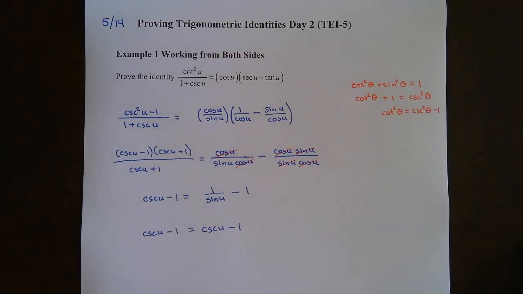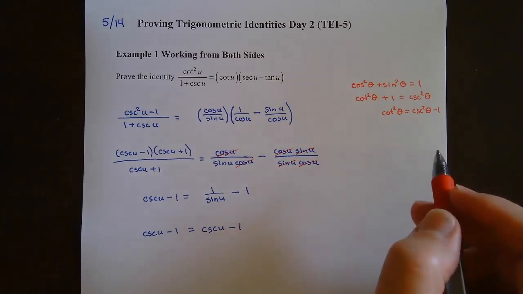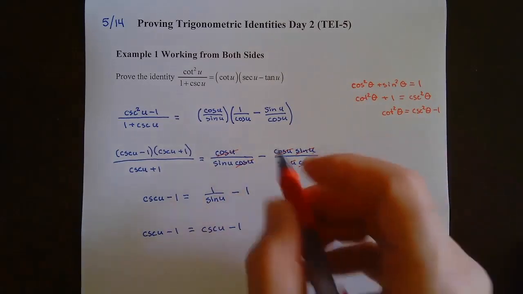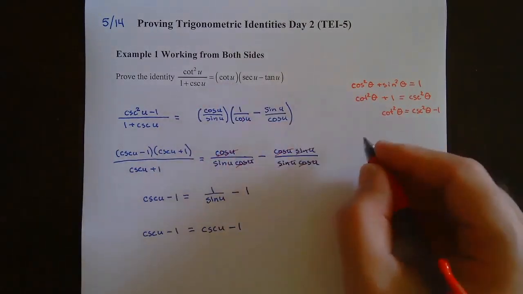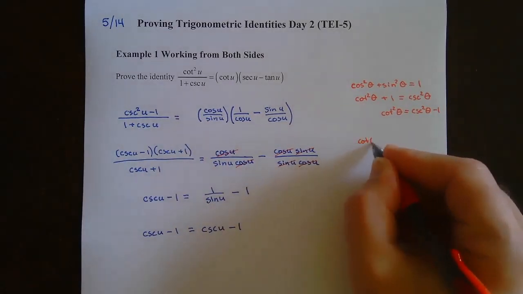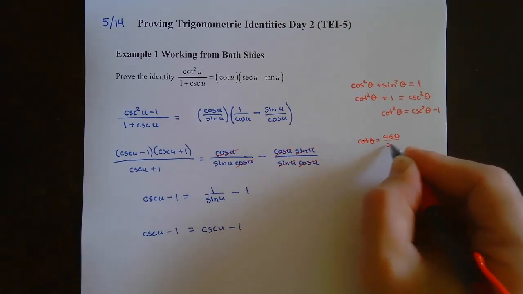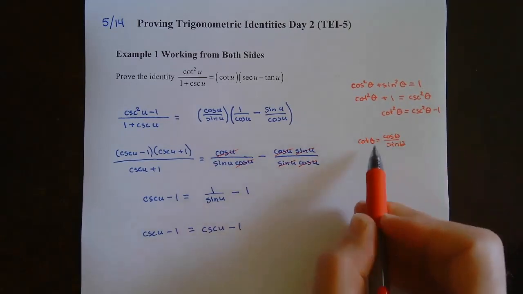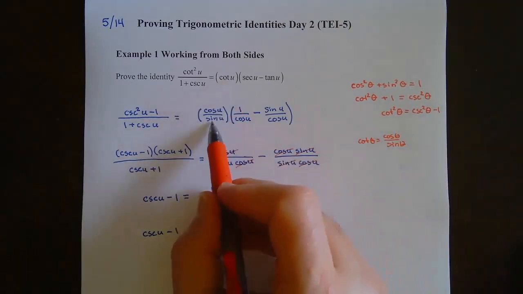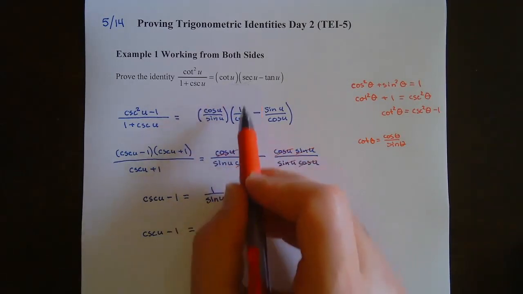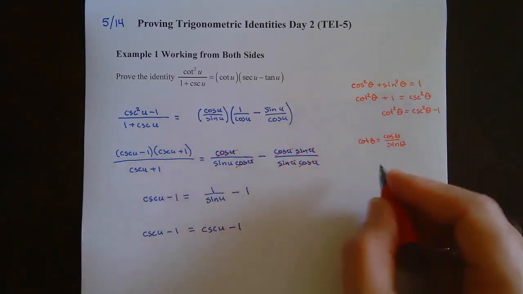Okay, now I want to write over here to the side some of the identities we used, right? So to go from here to here, we had cotangent theta is equal to cosine theta over sine theta, right? We use that identity to go from cotangent u to writing it this way. We also use secant u is the same as 1 over cosine u, so we use that one.